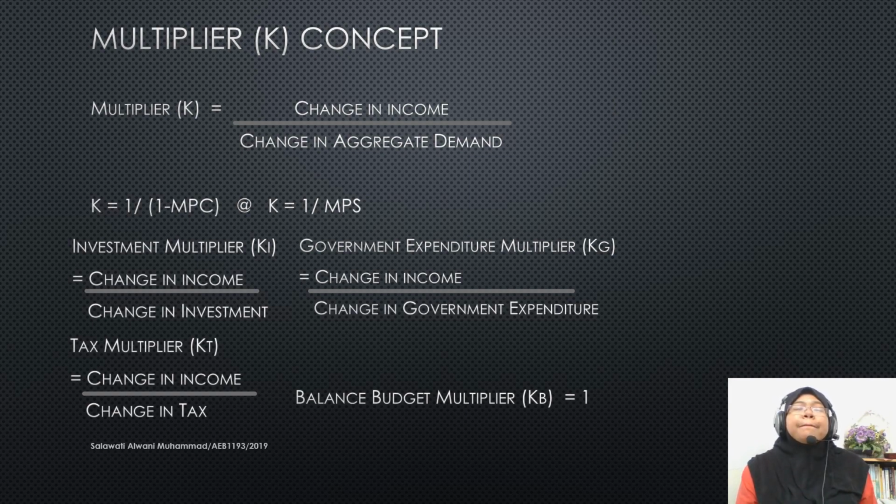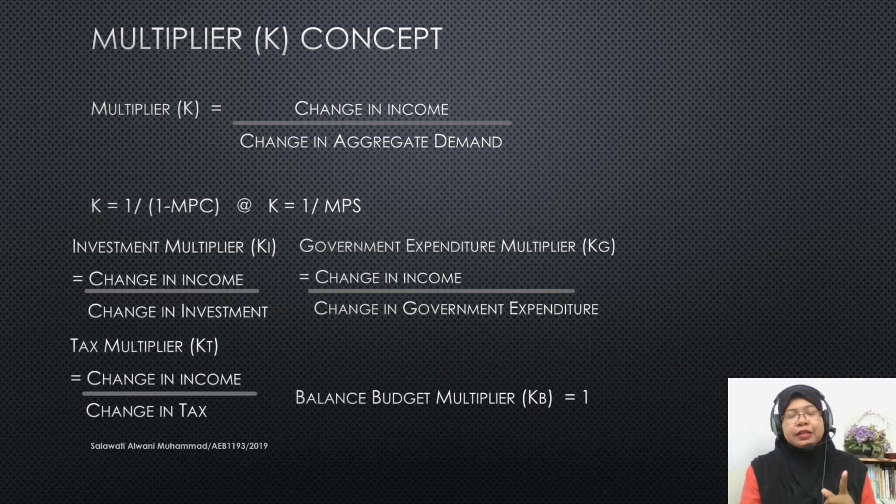I will show how to calculate the multiplier in our next video. Basically, we introduce the equations first. For the investment multiplier, the equation is change in income divided by change in investment.